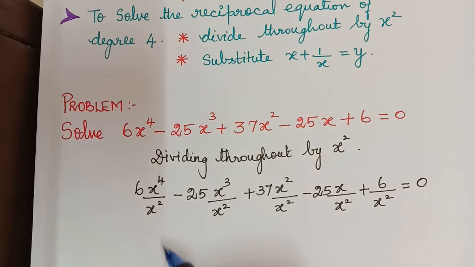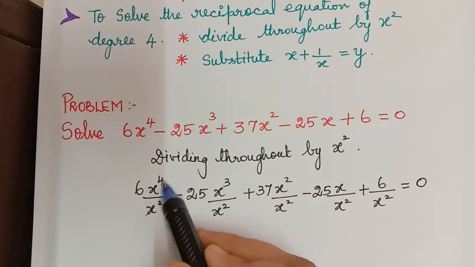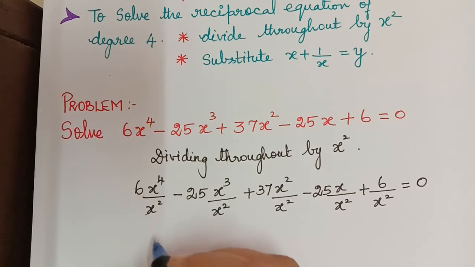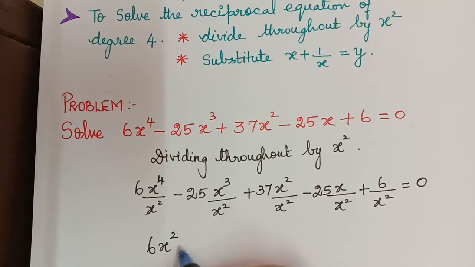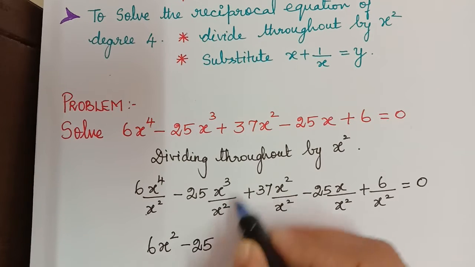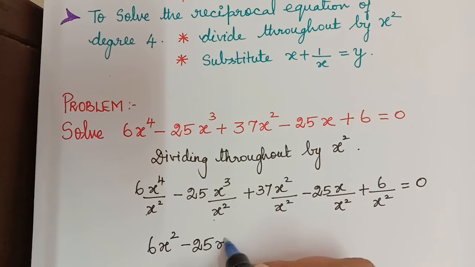Now we can cancel the terms that we could. Now if you see here we have x squared and here we have x power 4. So after cancelling, we will be left out with 6x squared. Similarly, negative 25. Here after cancelling the terms, we will be left out with the term x.